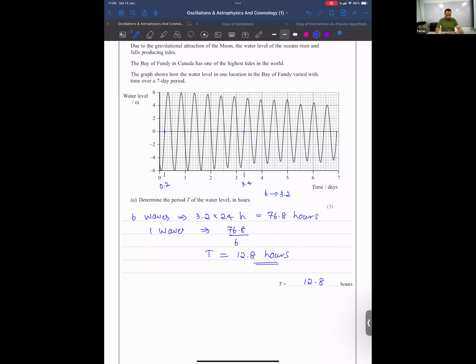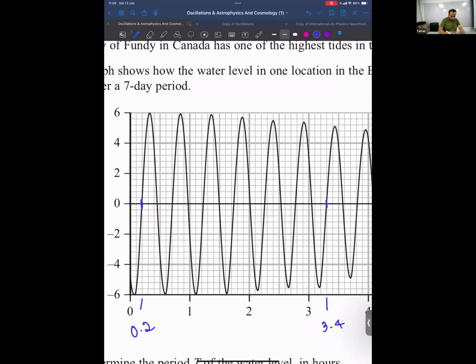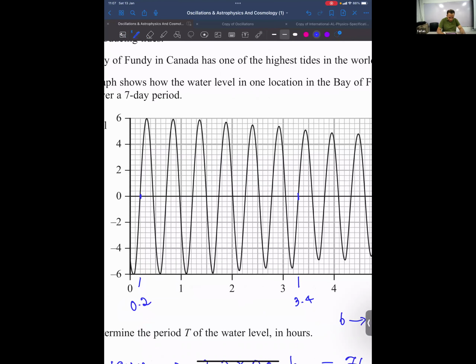I took the time period for 6 waves because I started from this point. I felt like it cuts the zero line here when the time is 0.2 days. And I took again somewhere here, after 6 complete cycles, also at 0.